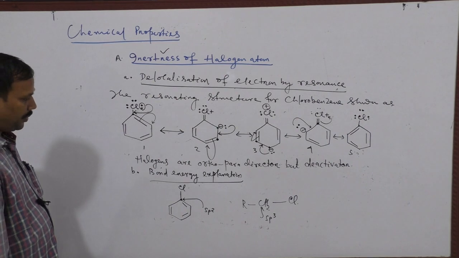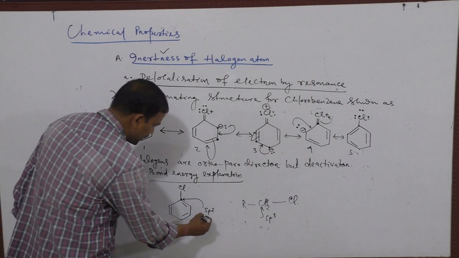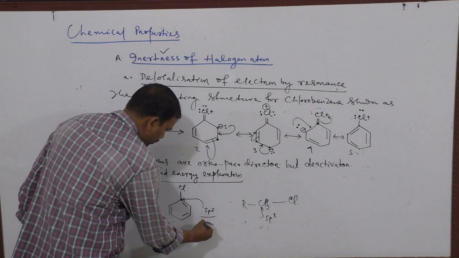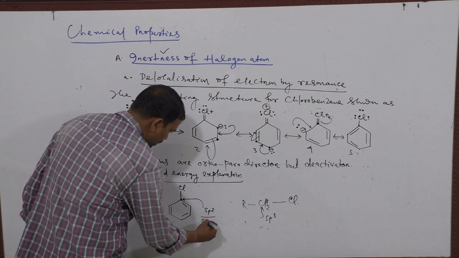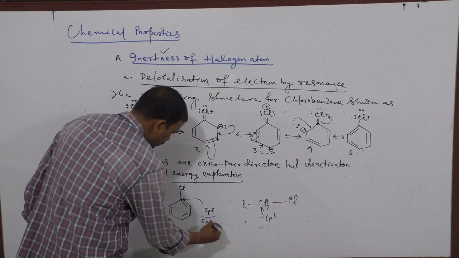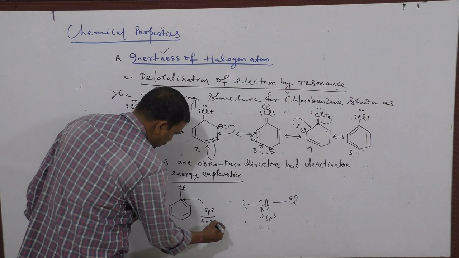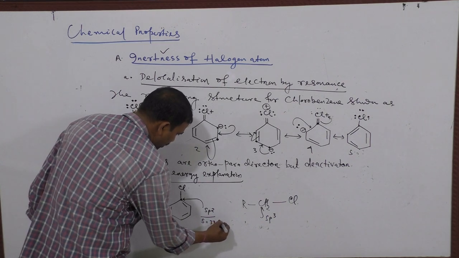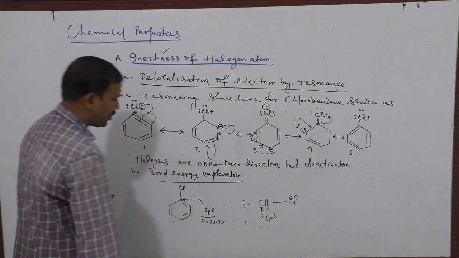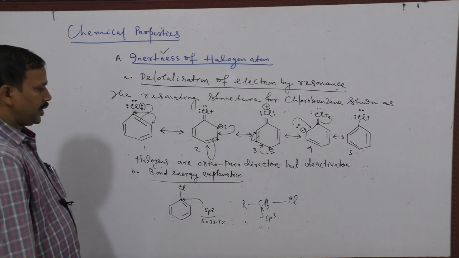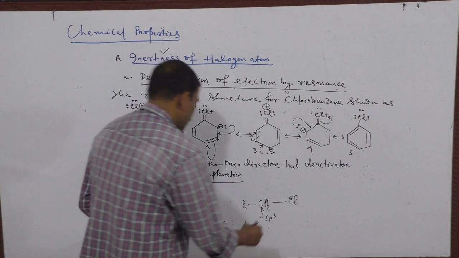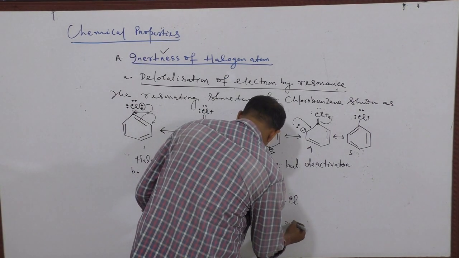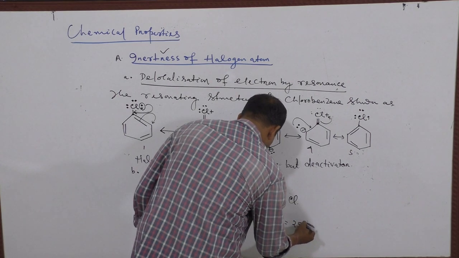The sp2 hybridization indicates the percentage of s character becomes 33.3%. But in case of sp3, the percentage of s character is 25%.